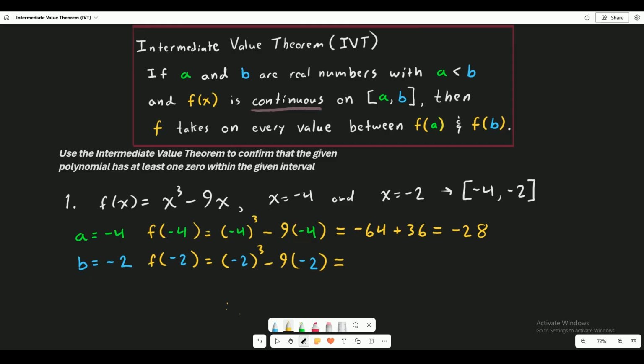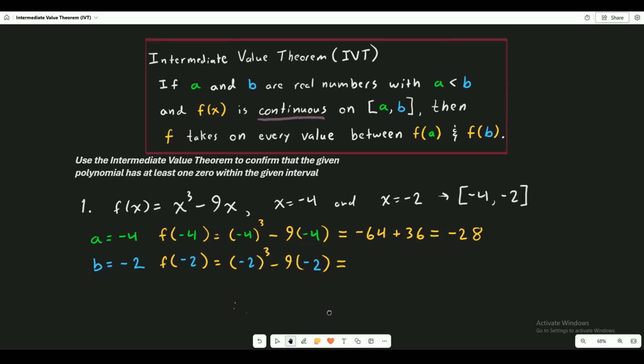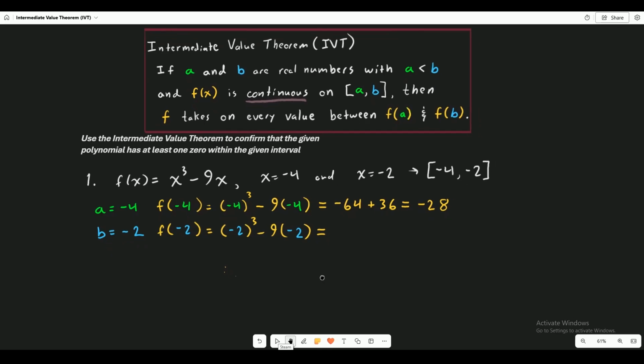All polynomials are continuous. Okay, so I can just put that off to the side. Well, we'll do that in a bit. First, let me zoom out a bit, and let's solve this bad boy. All right, negative 2 to the power of 3 is equal to negative 8. And negative 9 times negative 2 is positive 18. So here we get 10.